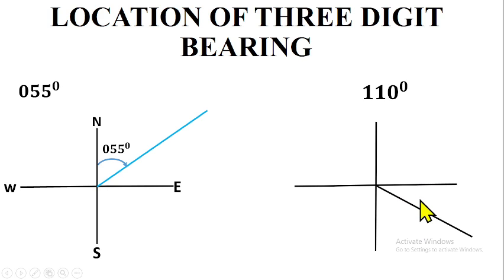I'm going to draw it from the north to the line, because I already told you that when it comes to 3-digit bearing, the origin is always north. So you draw the angle from the north to the line here, and that gives us 110. Sorry, this is an error: 110 degrees, not 100 degrees.